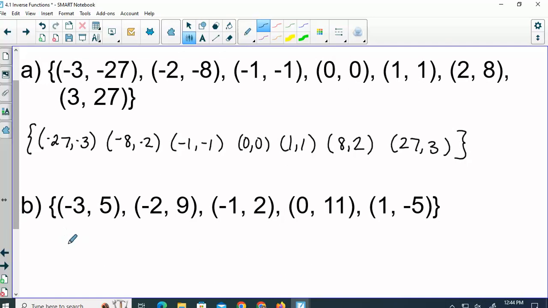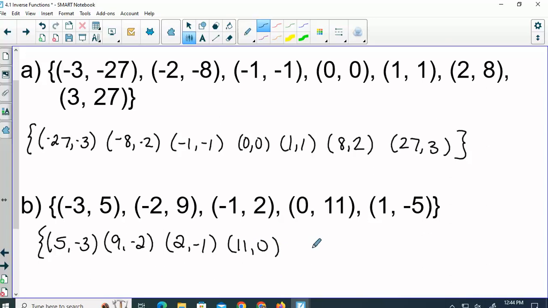So tell me, what's the inverse of b? If we look at these, in the original, the domain, those are your x values.